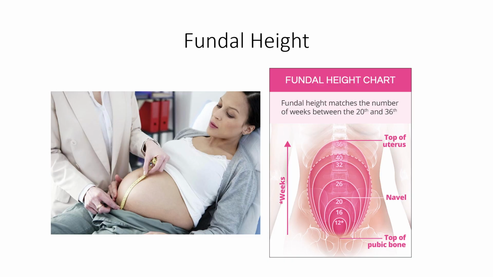You take the bottom of the pubic bone to the top of the fundus, and that gives you your fundal height. So based on the gestation, they should be equivalent to each other. That means the baby is growing appropriately based on the week's gestation and the size of that baby.